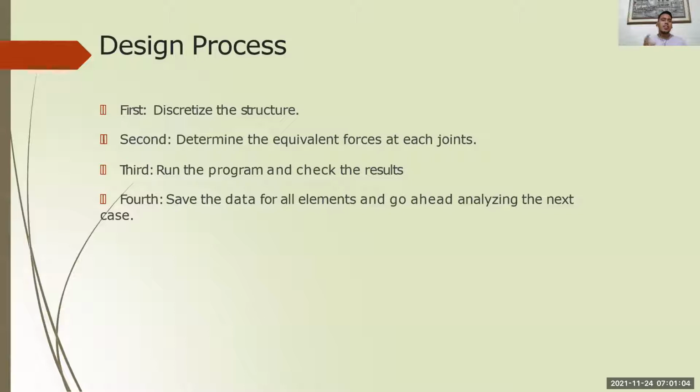The second step is to determine the equivalent force in each joint. The third step is to run the program and check the results, and the last one is to save data for all elements and go ahead analyzing the next case.